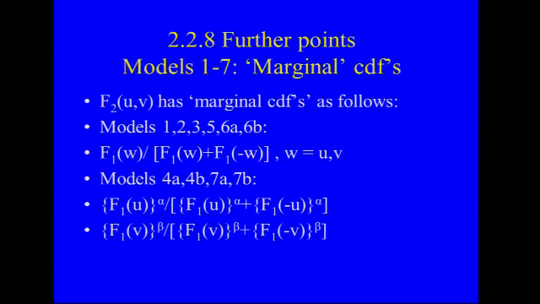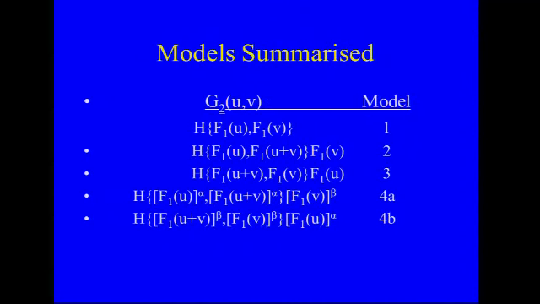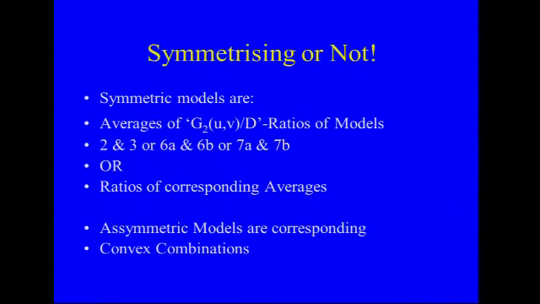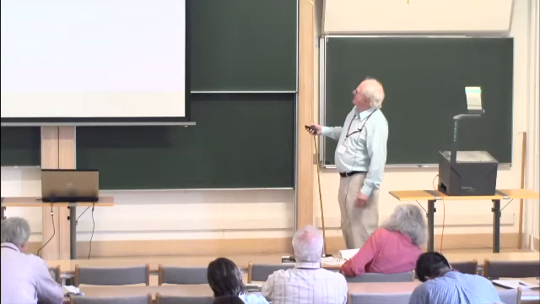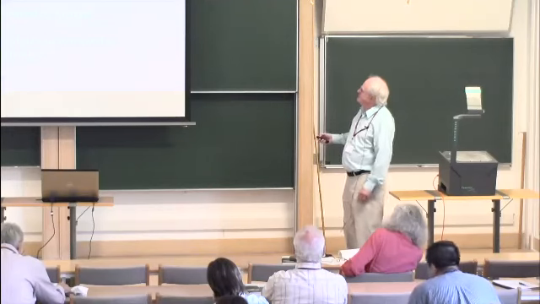So that's a link with that way of symmetrizing a univariate distribution. So, well, there's a summary of the models here. And as I say, there's more that could be done. Symmetrizing or not, the ones that are asymmetric, and that's models 2, 3, 6A, 6B, and 7A, 7B, we could symmetrize them by calculating an average of the relevant ratios, or calculate ratios of averages.